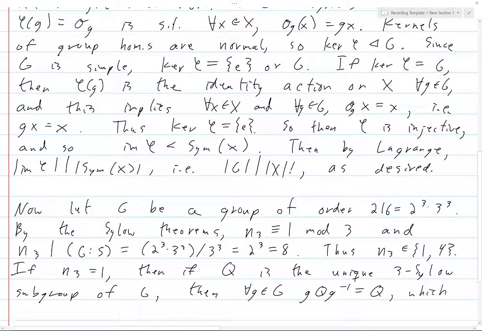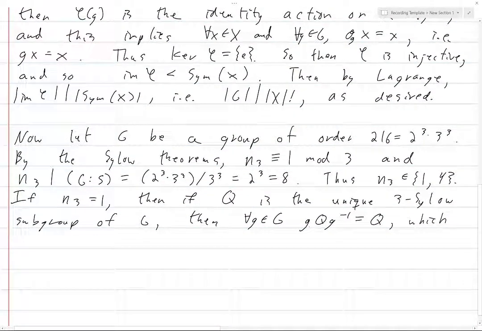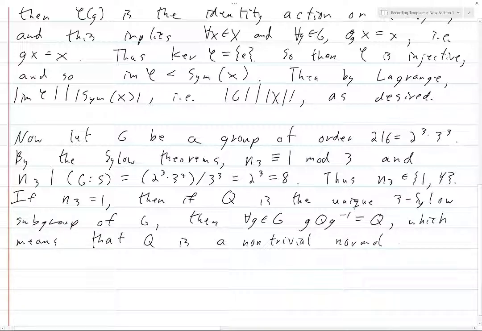Which means, now what is this the condition for? Which means that Q is a non-trivial normal subgroup, because this condition is just how we defined normality.